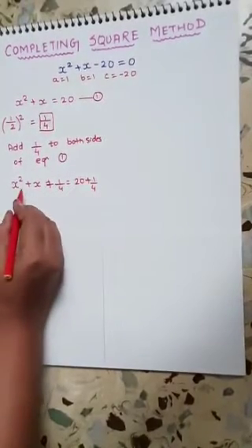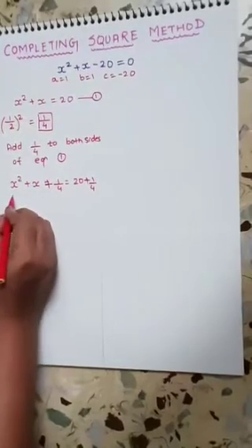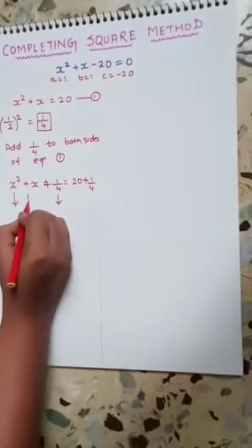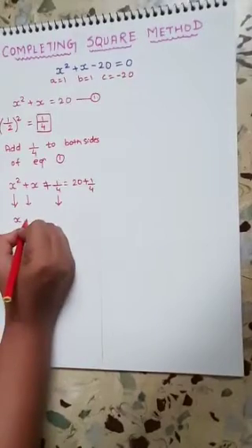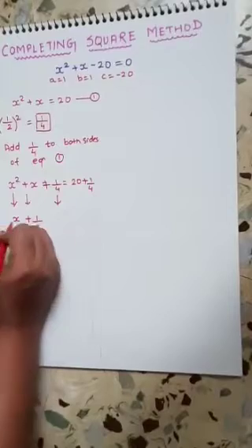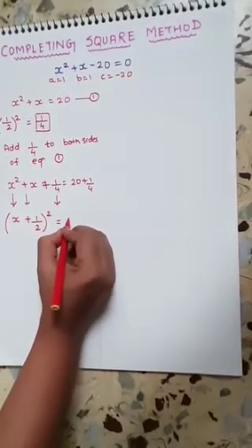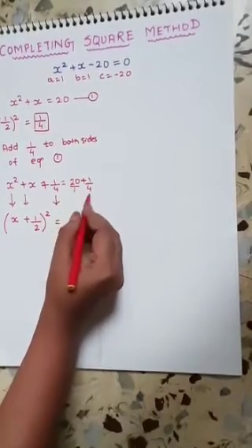Now take the square root. How to write this in the form of (a plus b) whole square: take the square root of x square and just put the middle sign. So the square root of x square is going to be x, the middle sign is going to be positive, and the square root of 1 upon 4 is going to be 1 upon 2. Now put brackets and square it, is equal to 20 plus 1 upon 4, that is, 20 upon 1 plus 1 upon 4.